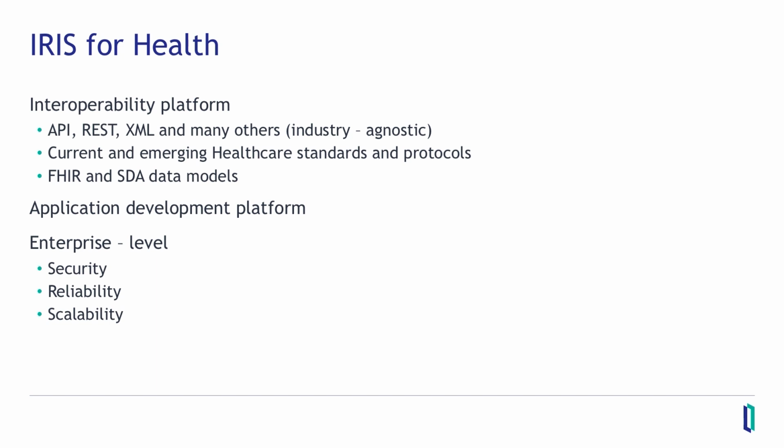So you can think of IRIS for Health as an interoperability platform with a whole bunch of industry-agnostic and industry-specific standards and protocols, with both FHIR and our own SDA data model that can store and process all the possible healthcare data you can capture about the patient, and enterprise-level security, reliability, availability, and so on and so forth. Right? Let's switch to IoT.